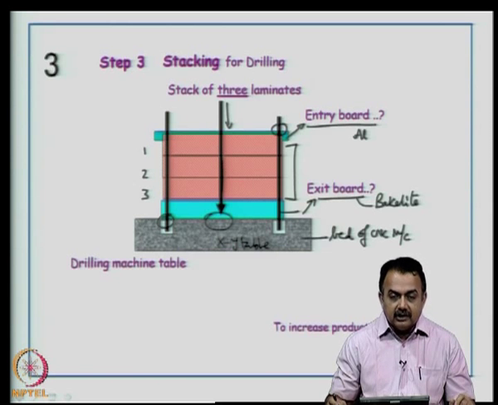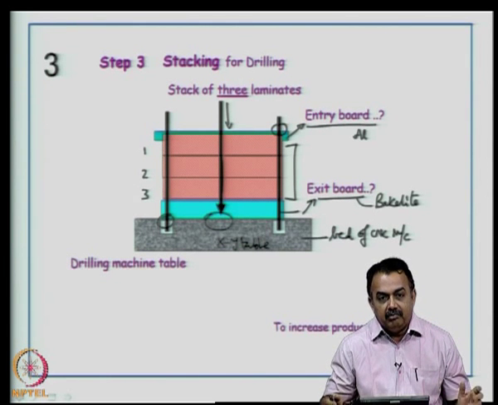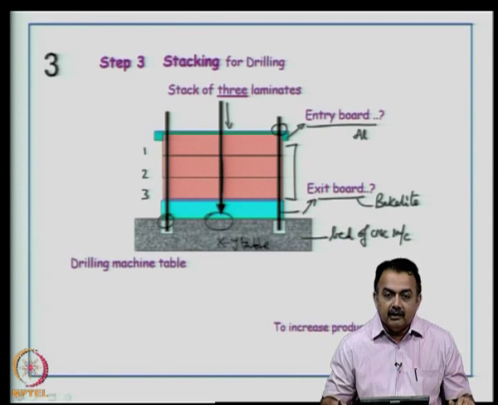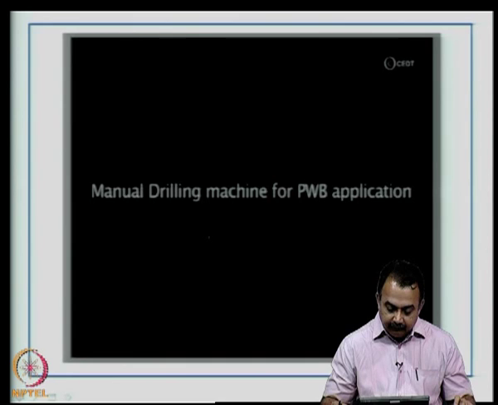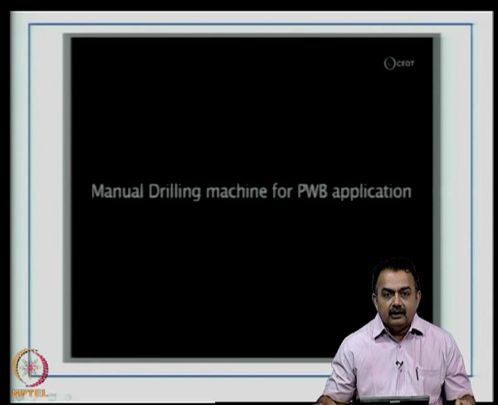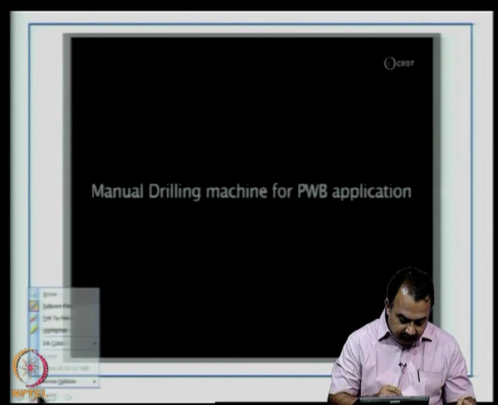So, these are some subtleties that an operator, although it can be completely programmed, but then initial settings and procedures have to be followed. So, we will now look at the video highlight of a CNC drilling machine.